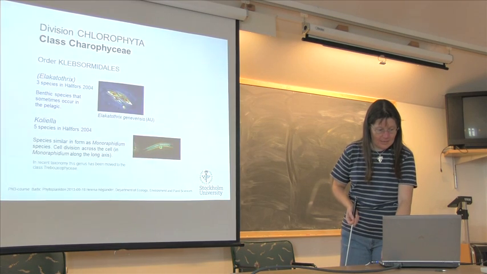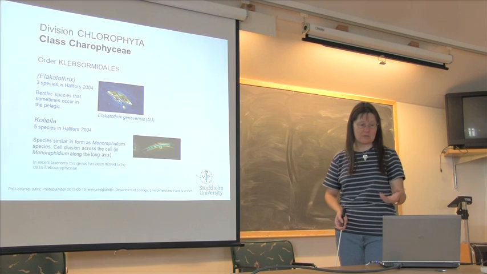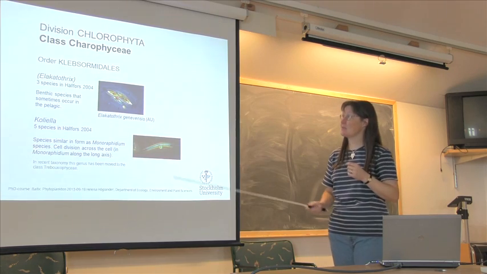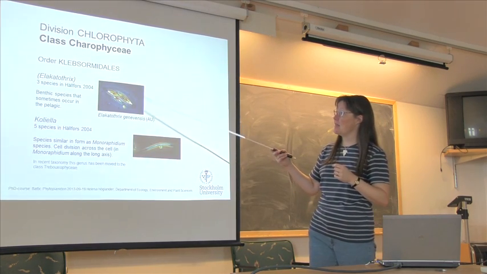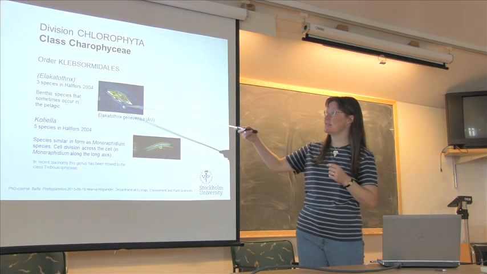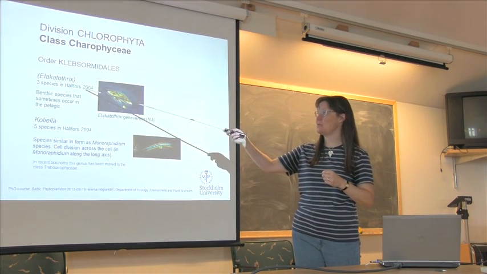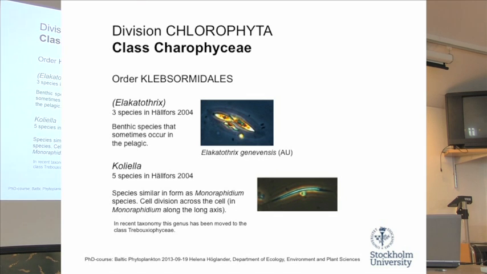And then we have some others, also belonging to the Chlorophytes. It's another class, Cryptophytes, and I just took this to show that there can be other types of green algae. This Elacatotrix is usually a benthic species, but sometimes you can find it in a pelagic form. And this Colliella can be found in the open Baltic, especially during summertime.